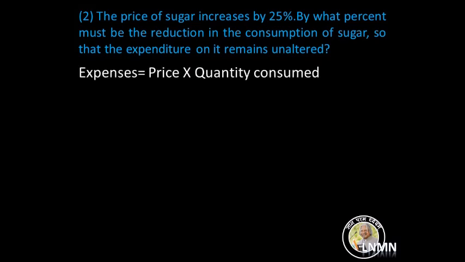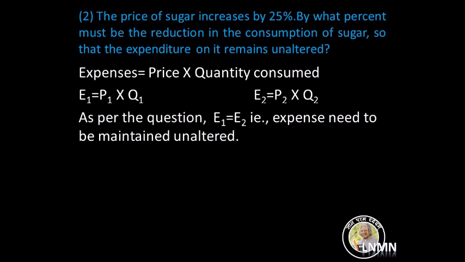First, we have to know what expenses are. Expenses, we all know, is equal to price into quantity consumed. That is E is equal to P into Q. In the previous case, meaning the previous month, E1 is equal to P1 into Q1. The next month, where the prices have increased, I take this scenario as E2 equal to P2 into Q2. As per the question, the expenses should be unaltered, meaning constant, so E1 equals E2. That implies P1 Q1 is equal to P2 Q2.